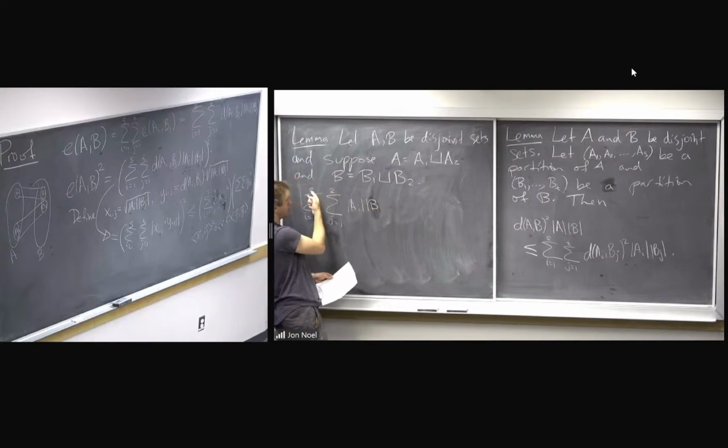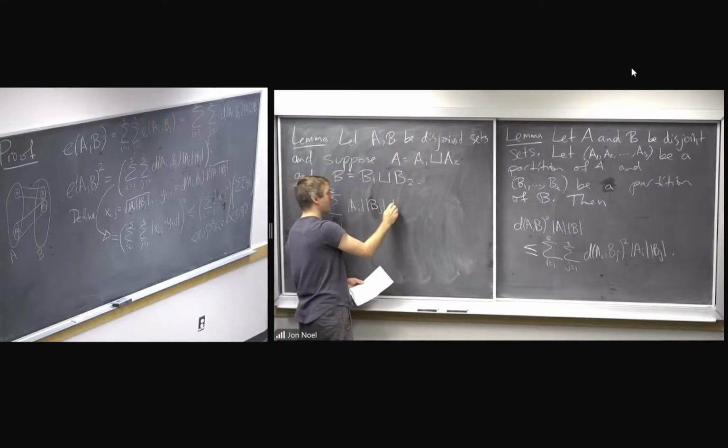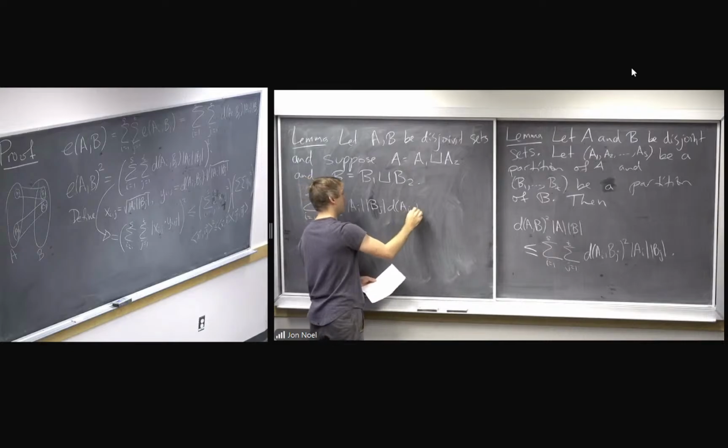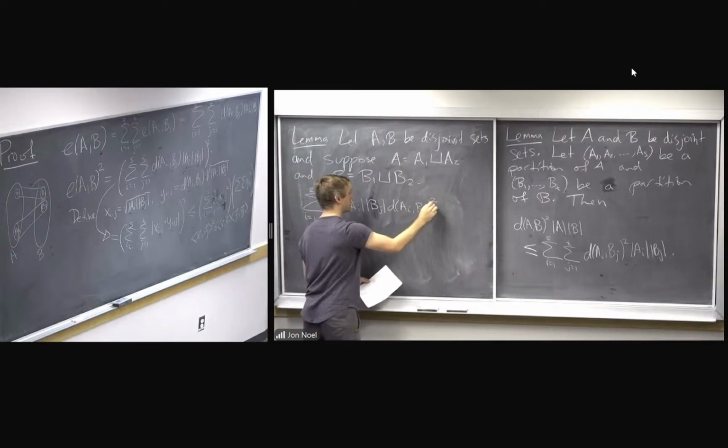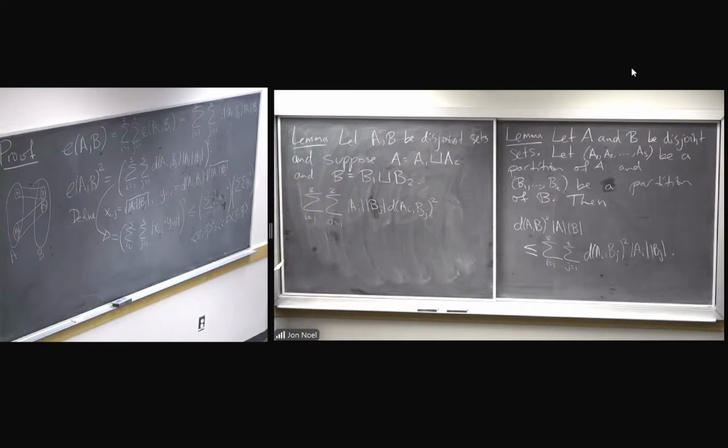Now it's like S is 2 and T is 2, but otherwise it's similar to what we had before. So this sum we want to show is at least the size of A times the size of B, DAB squared. This is what we had before.